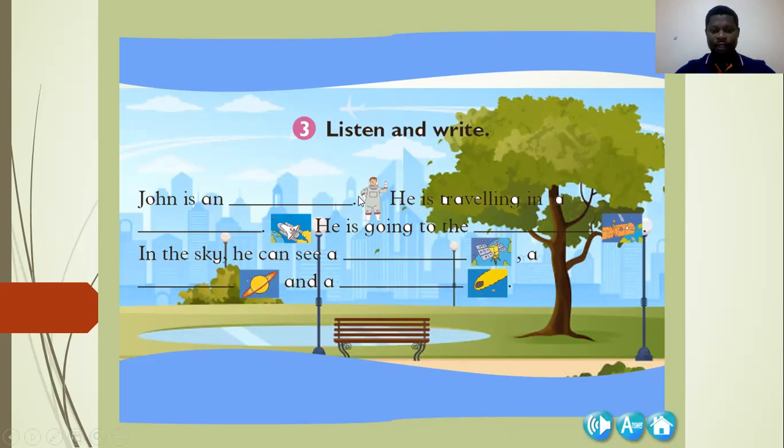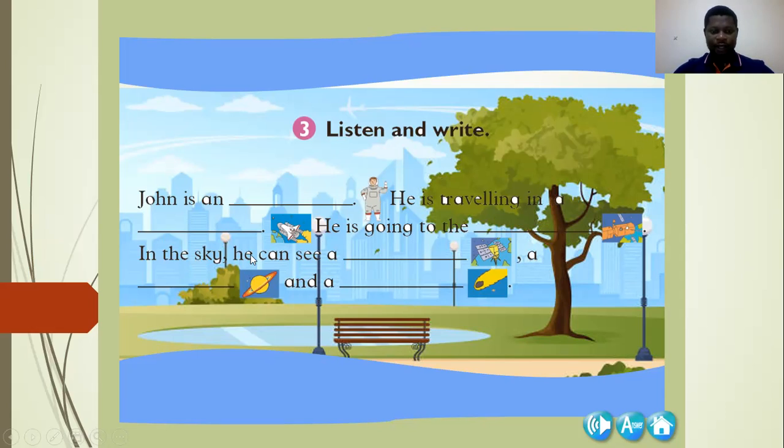John is an, so what is this? Look at this image. He is traveling in a dash. So what do we have to put here? Try to answer the questions in your book. He is going to the, okay, what is this?